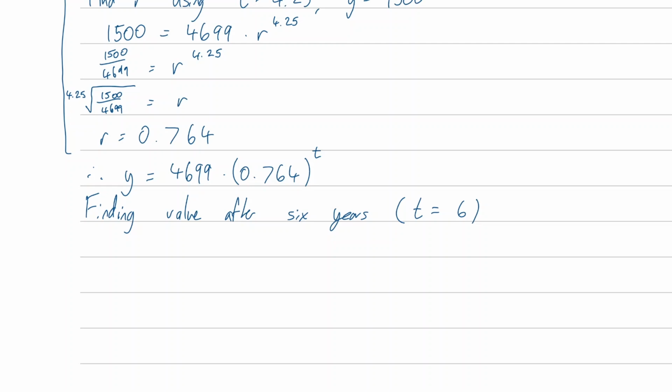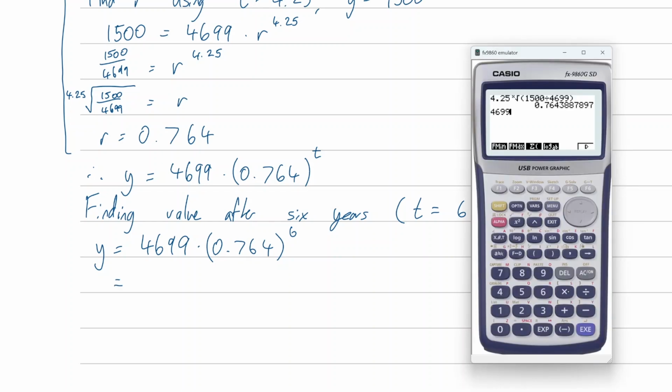All right, so let's substitute it in. y equals 4,699 times 0.764 raised to the power of 6. On our calculator, 4,699 times bracket 0.764 bracket to the power of 6, execute, 934.47, which is about $1,000.